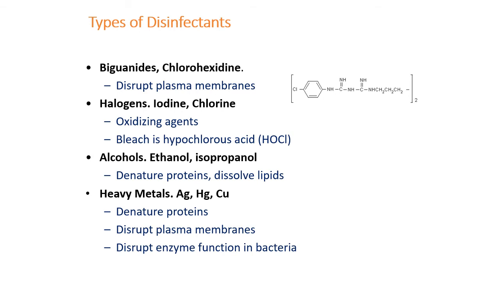It can also disrupt the plasma membrane, and as I said already, disrupt enzyme function. So silver, mercury, and copper. Silver is now commonly used as an antimicrobial, although the clinical evidence of efficacy is somewhat lacking. Copper is not generally regarded as a particularly effective heavy metal disinfectant, and may have some utility in some situations. Mercury is effective, but of course mercury is also highly toxic.